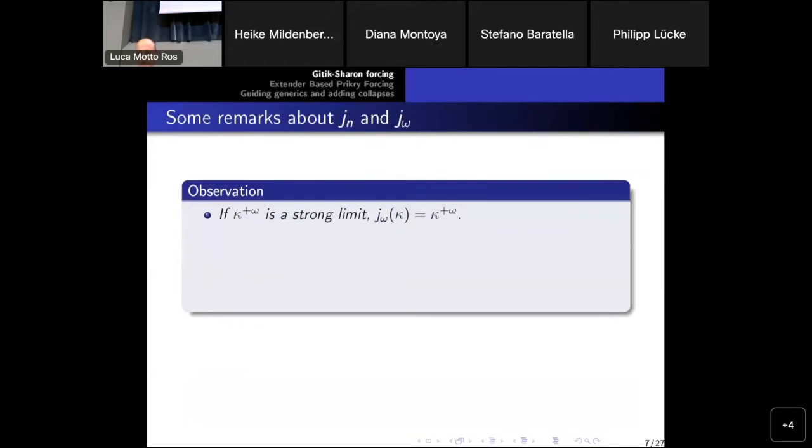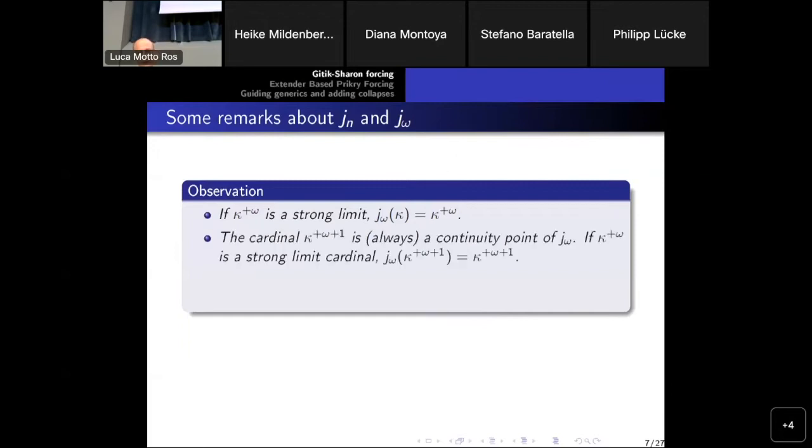Okay, we will not assume that kappa plus omega is strongly inaccessible in our application, but it's worth noticing that if it is, then J omega of kappa is exactly kappa plus omega, and J omega of kappa plus 1 is kappa plus omega plus 1.